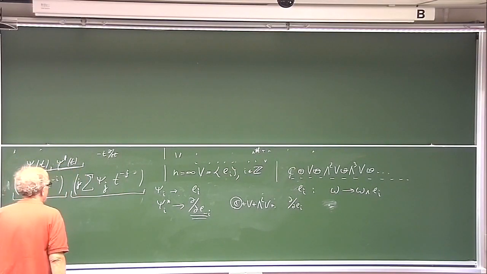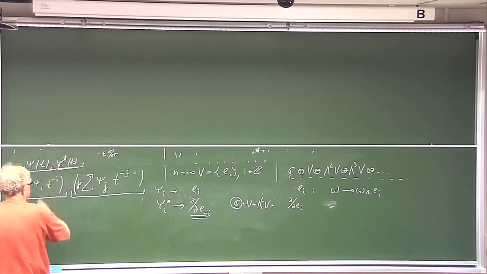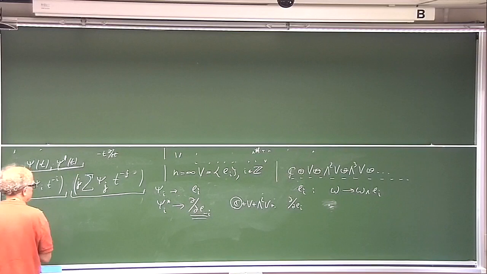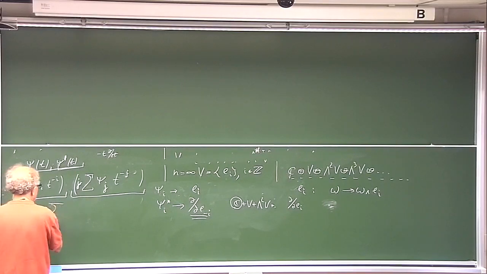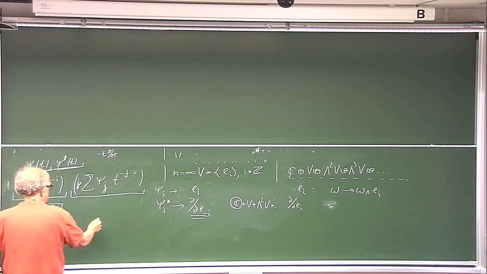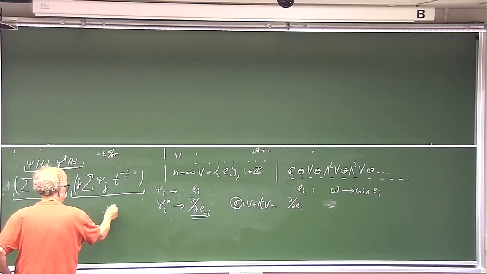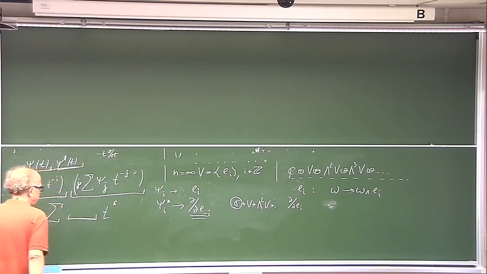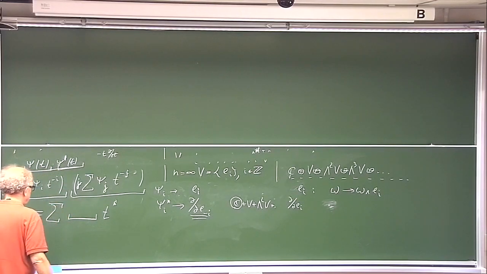But I want to understand what such a product is. After that, what do I have to do? I have to write down this as a sum. So here it will be t to some power s, and here we will have a coefficient.